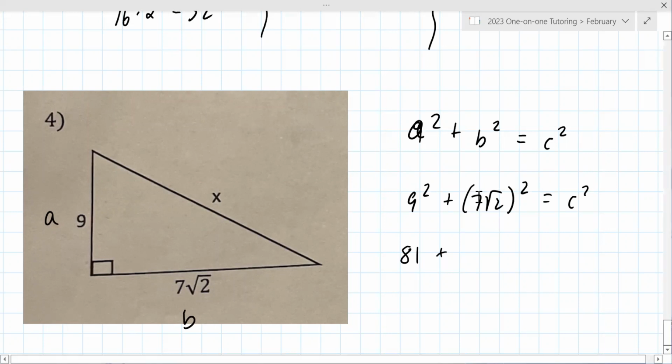You square the first number and then multiply by the number under the root. 7 squared is 49, and 49 times 2. What is the answer? I told you, it's 98, not 147. That was the previous problem.